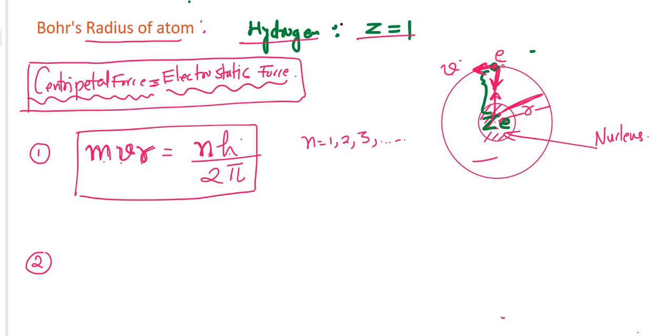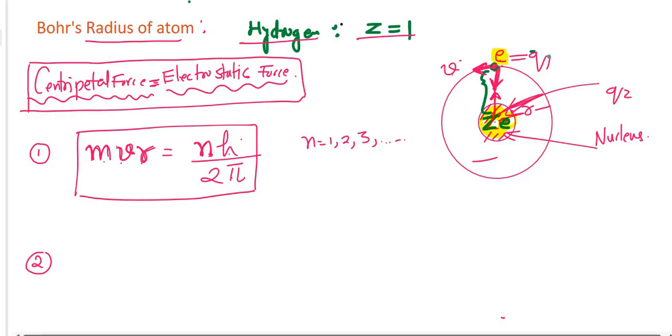What is the electrostatic force? It is the force between these two charges, the electronic charge and the charge present in the center. Let me call this Q1 charge and this Q2 charge. The electrostatic force between Q1 and Q2 will work like a source of centripetal force.